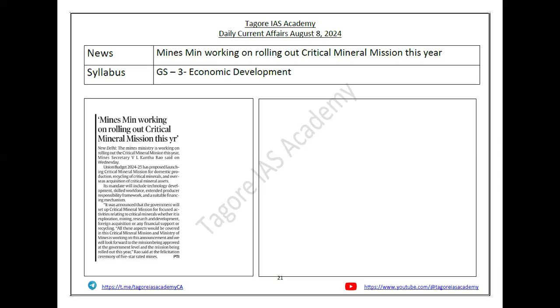For you, you can make a list of the critical minerals. The Ministry of Mines had maybe in July released a list in which they mentioned 30 critical minerals. So that list, you should go through once. Which ones are they? A simple question could be that they will list 5 of the minerals and then ask which of them is critical and which is not.